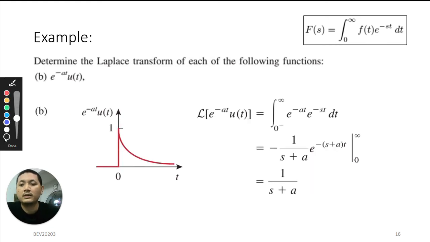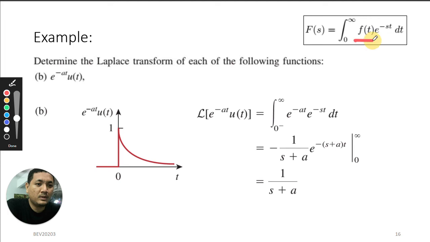So that is how we use this equation. Now let's look at the second example. We have exponential negative at. How do we perform the Laplace transformation of exponential negative at? You can see here that e to the negative at times u(t) means the exponential function only appears from 0 to infinity, so we integrate from 0 to infinity.